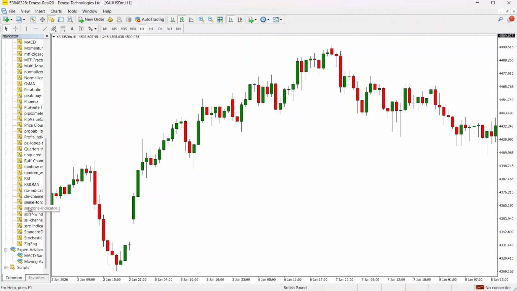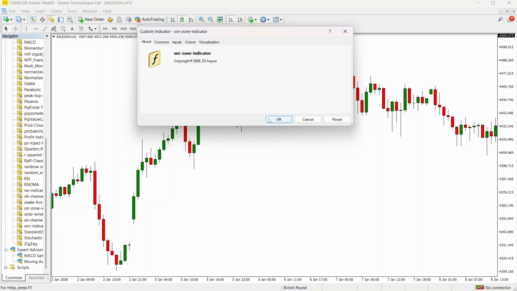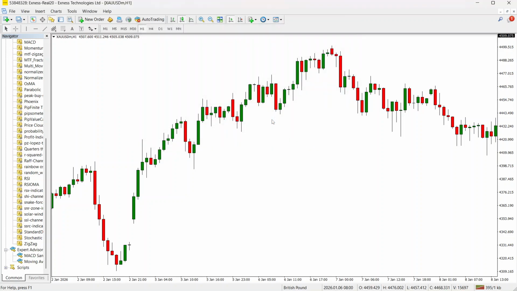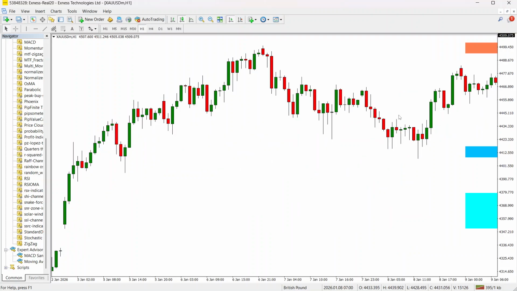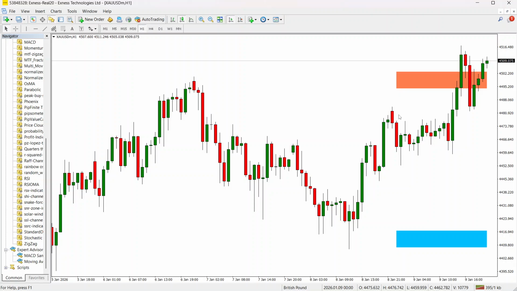On the chart, the SNR zone indicator displays horizontal zones or boxes that highlight key support and resistance levels, typically using different colors to distinguish between the two.